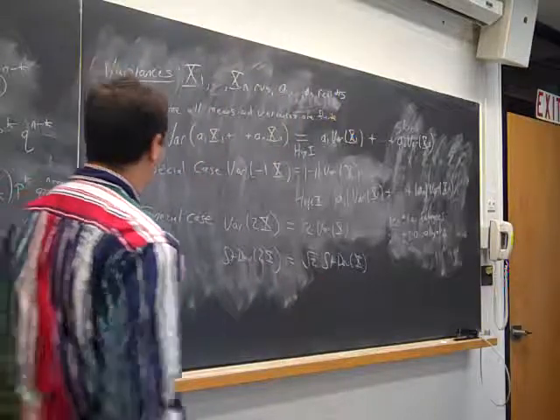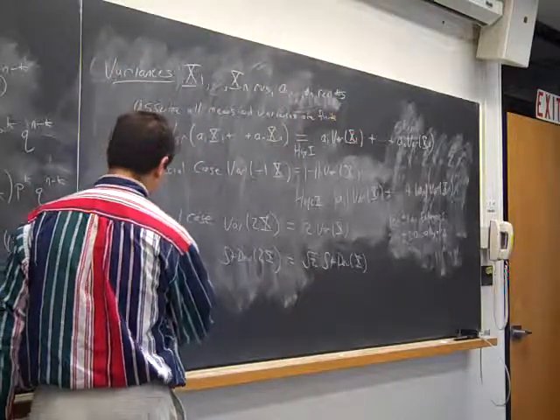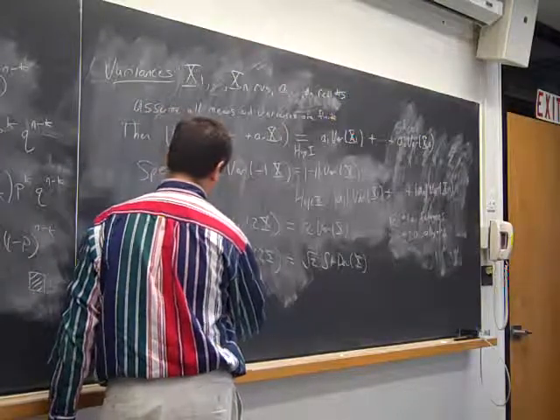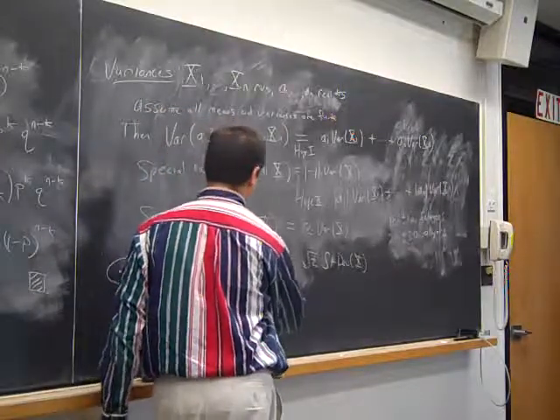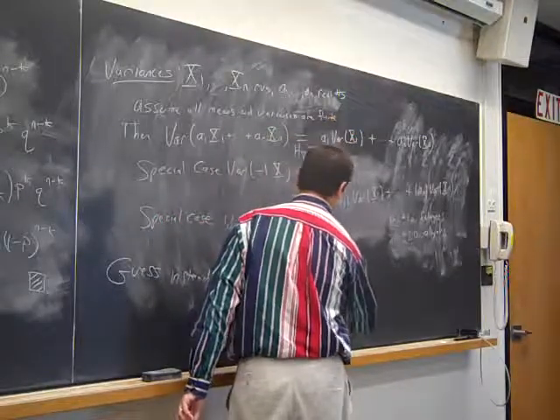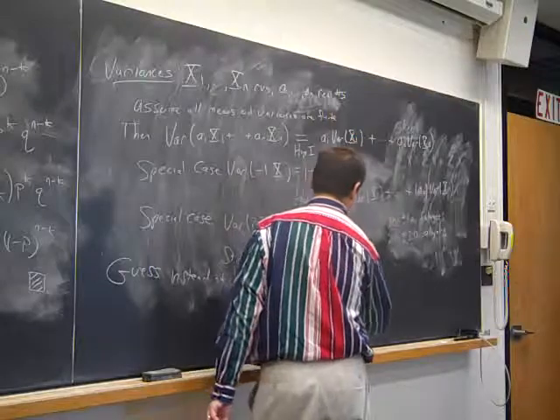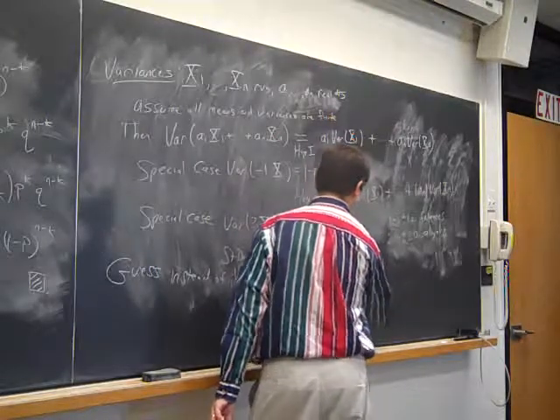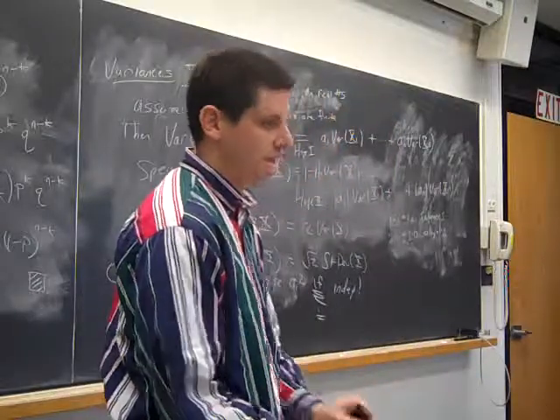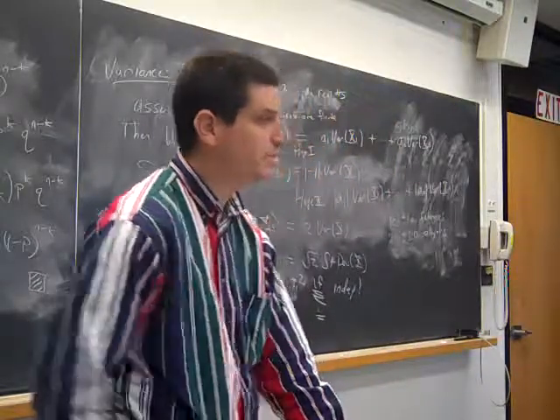Okay? So maybe we guess instead of absolute value of AI, use AI squared if independent. Okay, and so that's going to be a huge assumption that the different random variables are independent.